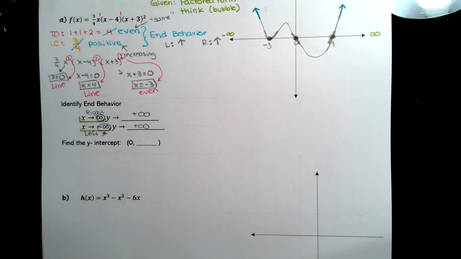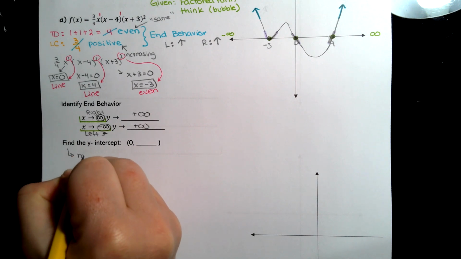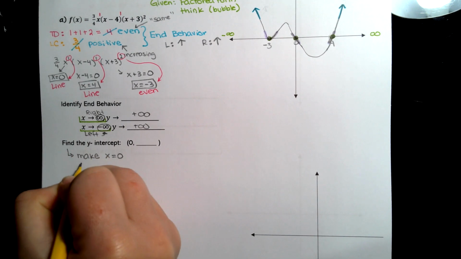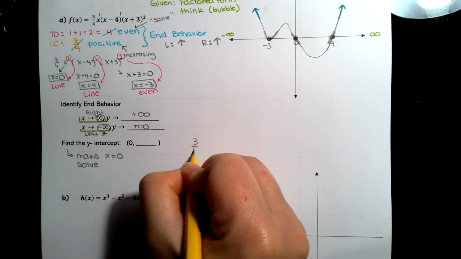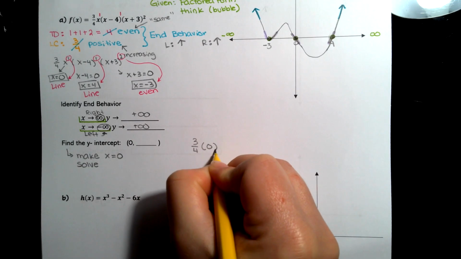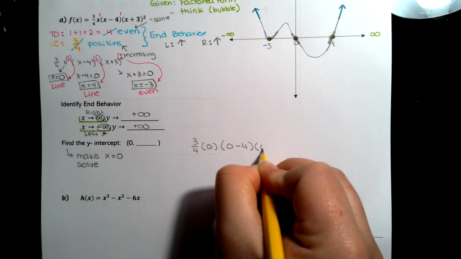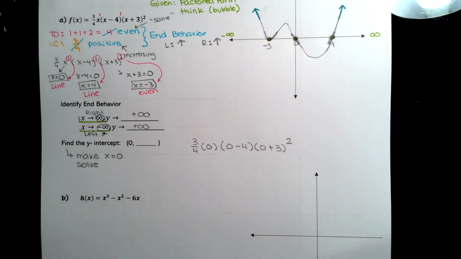Find the y-intercept. We haven't done this in a little while, so let's go ahead and recall what that means. Finding the y-intercept means make x equal to 0 and solve. So all you're doing is you're going to open this up. You're going to plug in 0 anywhere you see x. You're going to pick up a calculator and you're going to type this in.